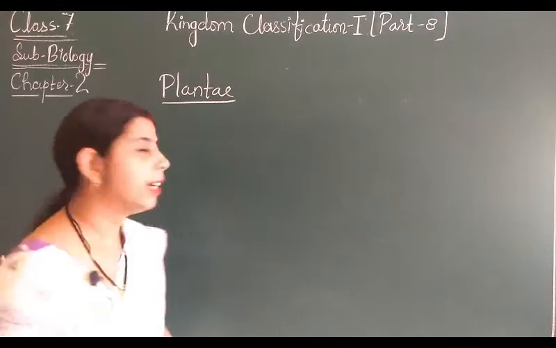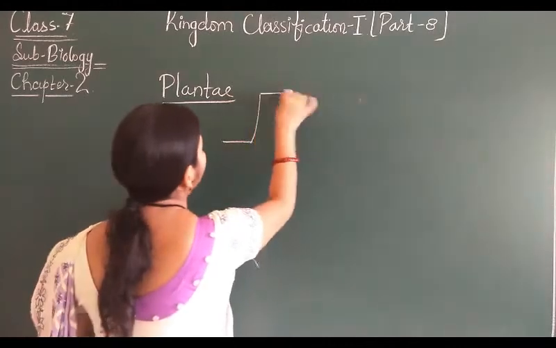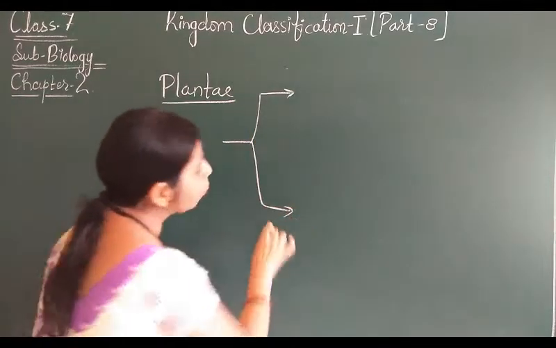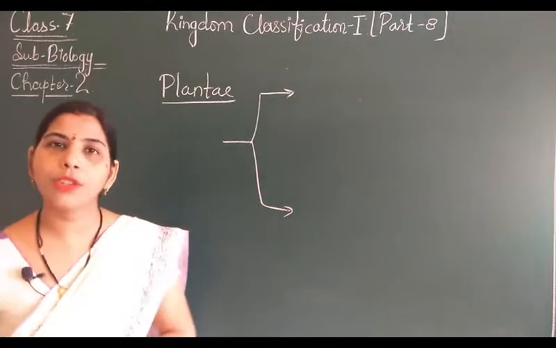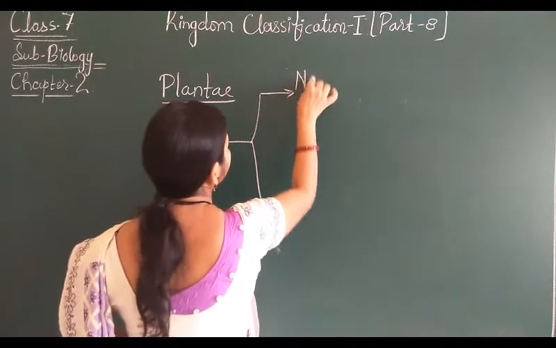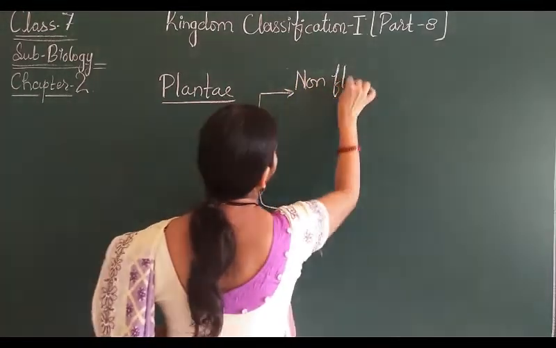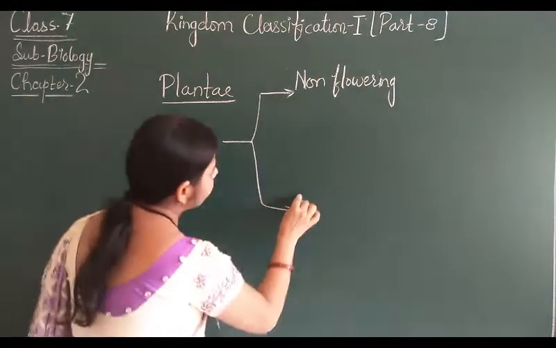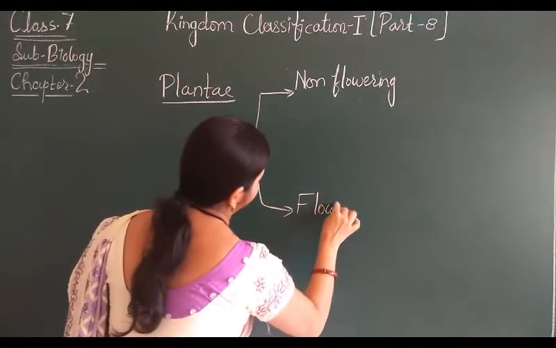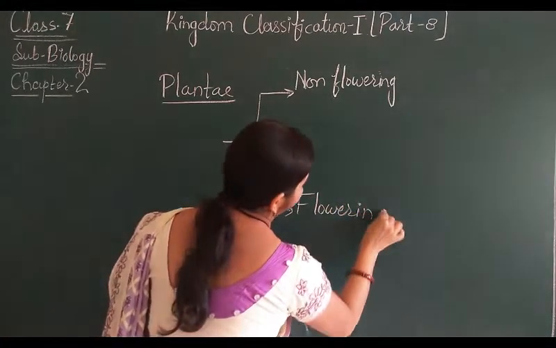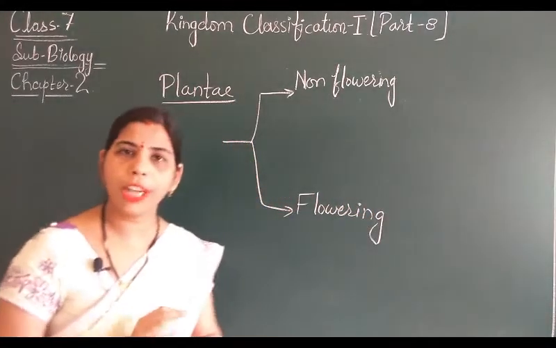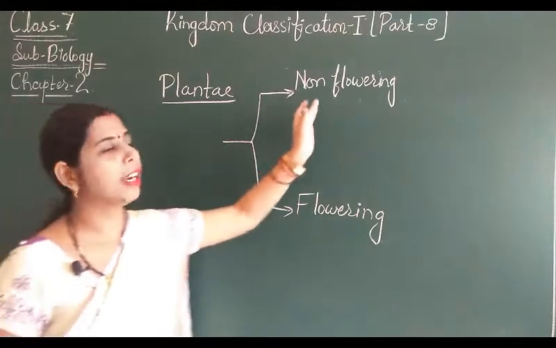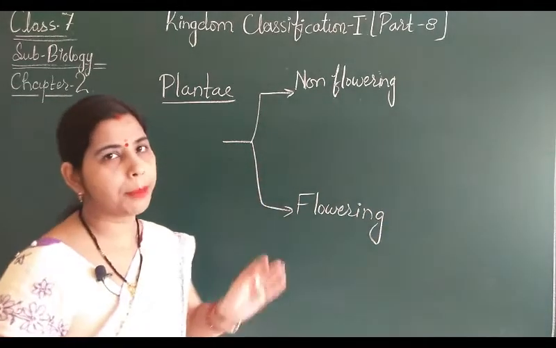The kingdom Plantae is a very vast variety and it is divided into two main groups. The first group is the non-flowering group, and the second is the flowering group.